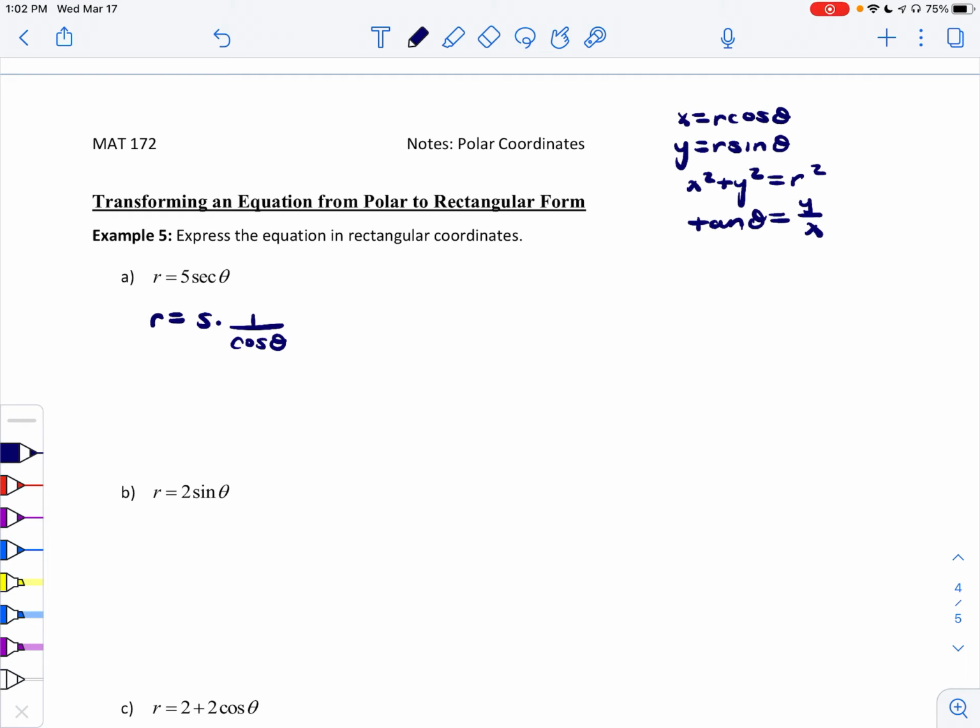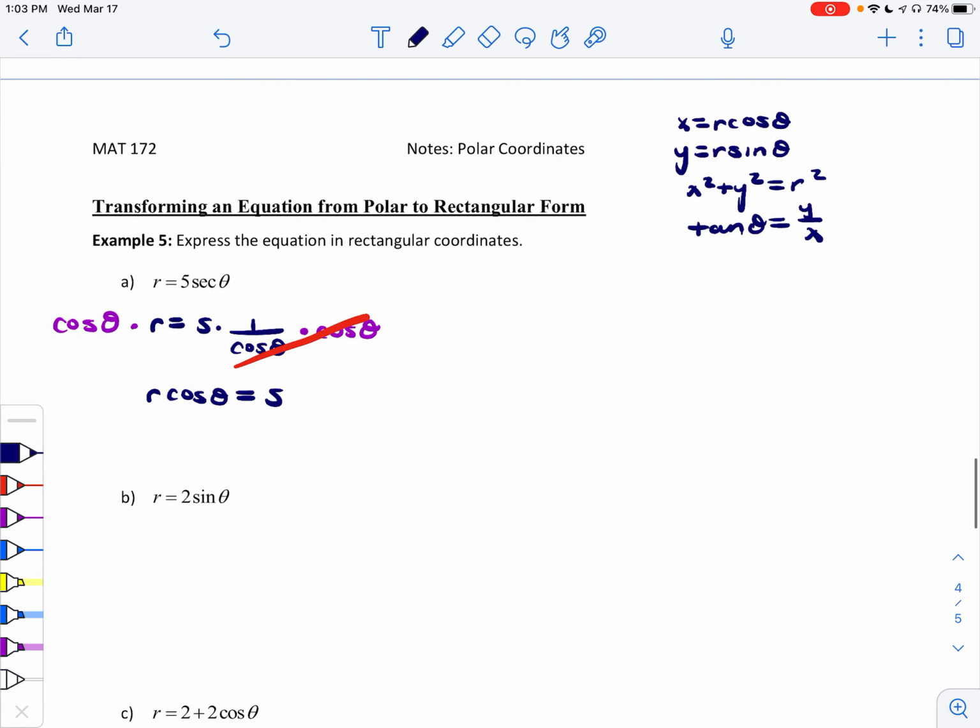Now, by doing this, we've created a fraction. So in order to simplify this, I'm going to go ahead and just multiply by cosine on both sides of this equation. Now, of course, that just means that the cosines are going to cancel on the right-hand side, and we would have r cosine of theta is equal to 5.